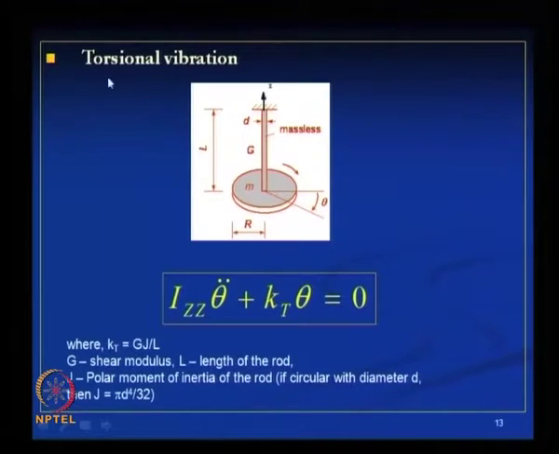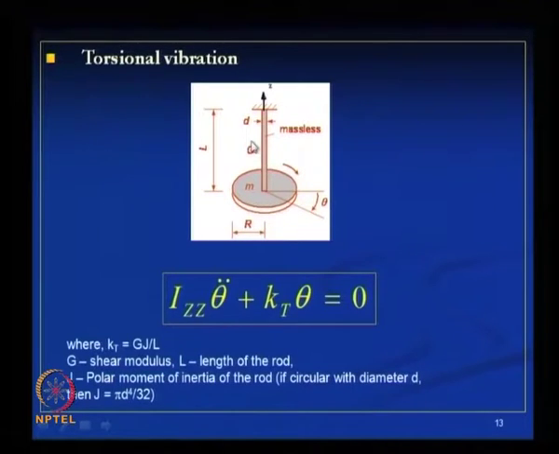If there is a torsional vibration for a plate-like or disc-like, circular disc connected with a rigid rod, we are assuming that rod is massless, the disc is having a mass of m and a radius of r, and the diameter of this rod, which is connecting the disc to a fixed end, is small d, and length of the rod is capital L.